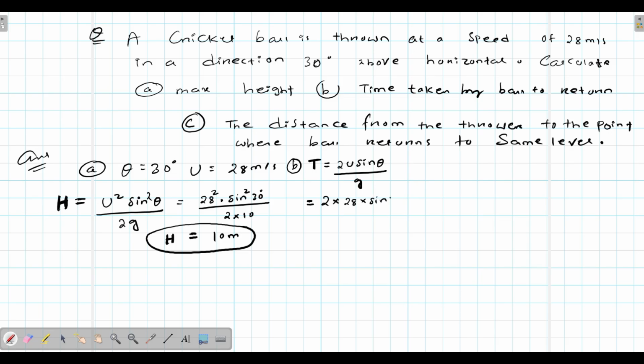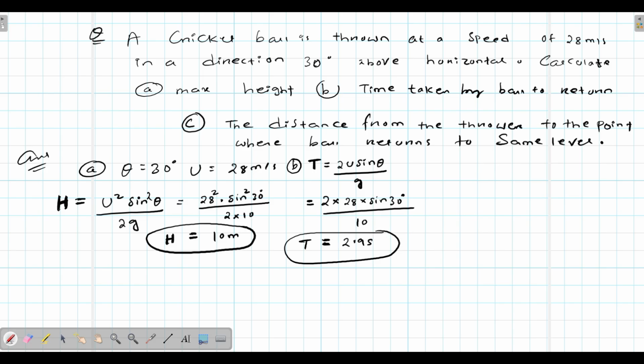G is 10. So after solving, t equals 2.9 second. That is the time.